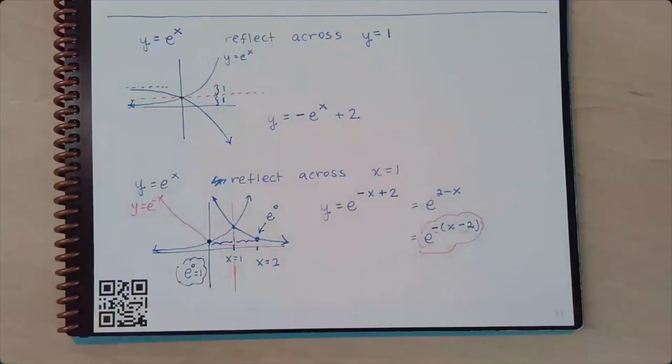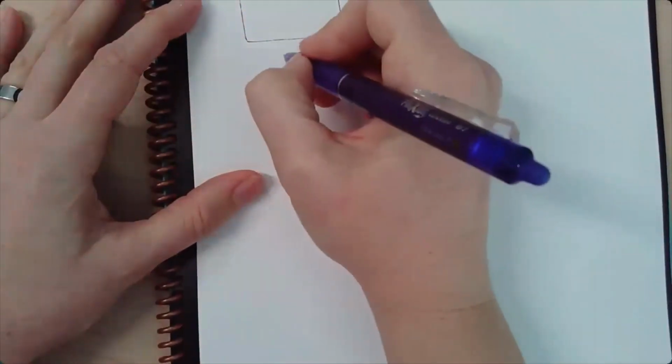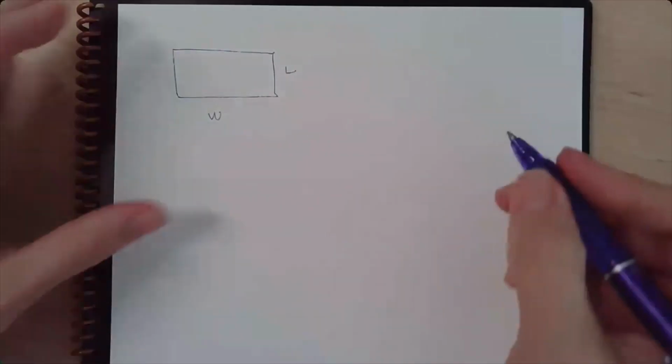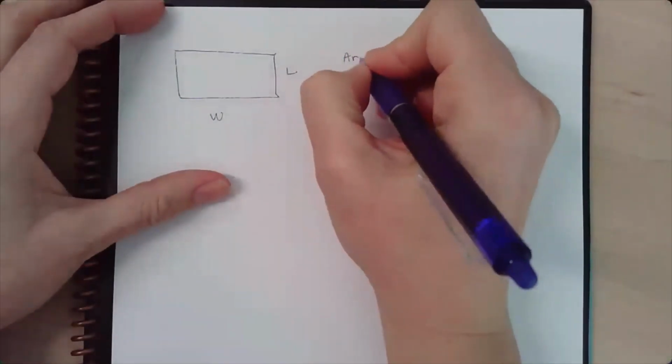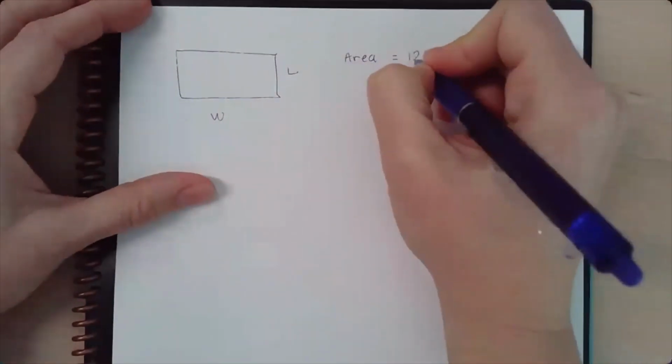Okay. So there was a question, and I did see that WeBWorK problem. Various forms, various numbers, but you are told that you have a rectangle. I'm just going to call that the width and that the length. I don't remember exactly what it said, but something like the area is equal to, I'm going to choose 12.